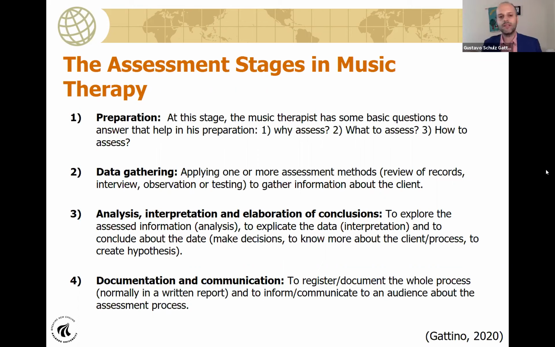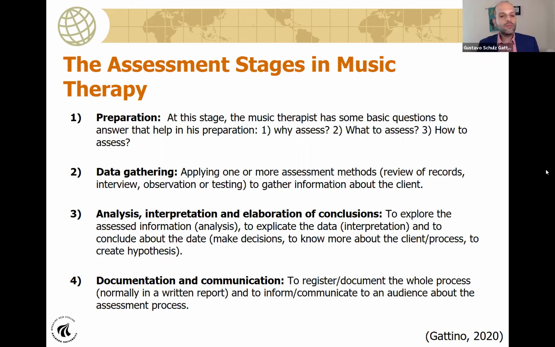And the third moment is extremely important because it's the moment for analysis, interpretation, and elaboration of the conclusions. So it's the moment to explore the assessed information. When we think about exploring the information, everything is related with analysis, which could be quantitative, qualitative, or a mixed method analysis.